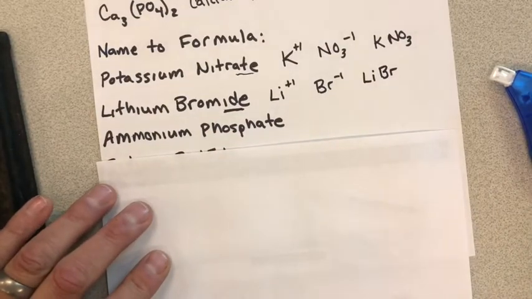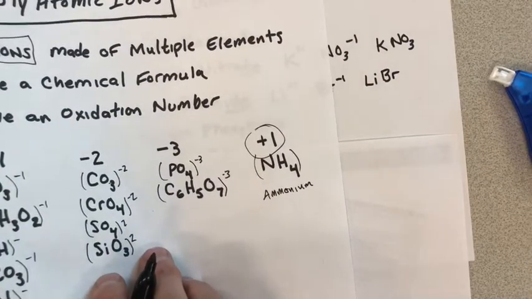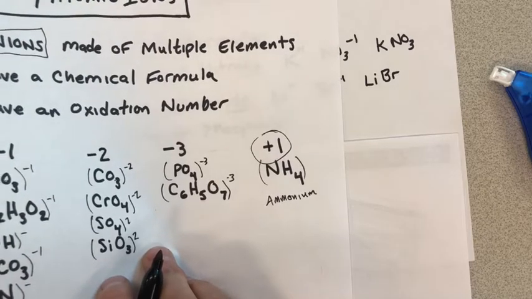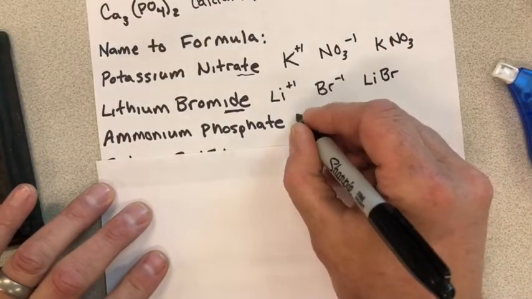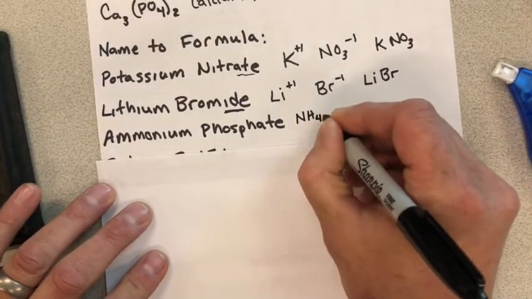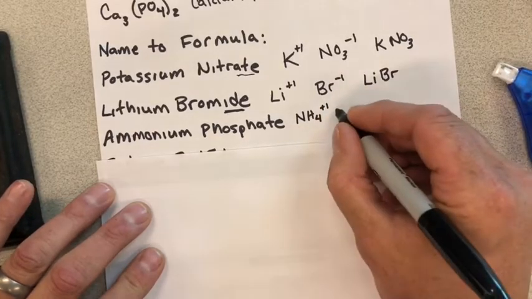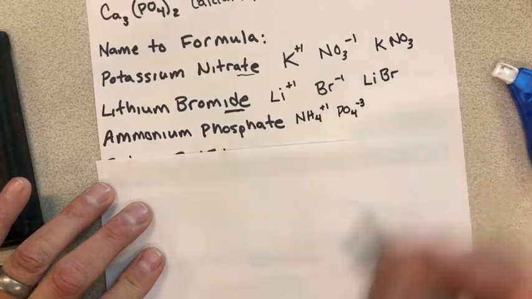How about ammonium phosphate? So ammonium was our little oddball over here. Ammonium is a polyatomic ion. It's the only positive polyatomic ion that you'll ever deal with, and it's got a formula of NH4. So this is NH4 with its +1 oxidation state, and phosphate is PO4 with its -3 oxidation state.